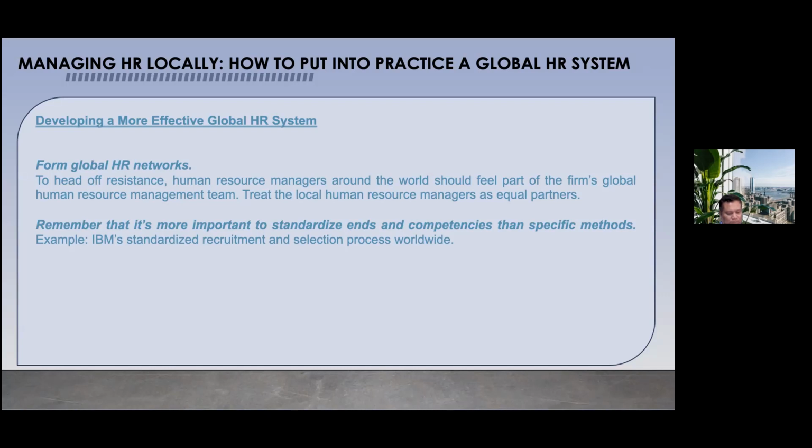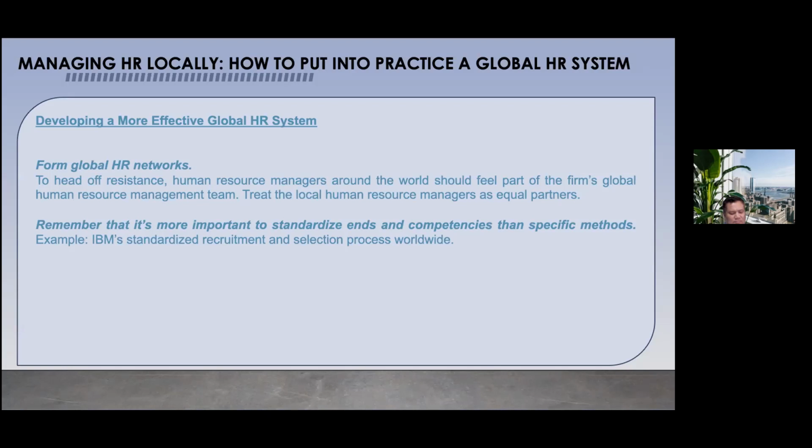For instance, form global teams to develop the new human resources system, and also create an infrastructure of partners around the world that you use for support, for buy-in, for organization of local activities, and to help you better understand their own systems and their own challenges.